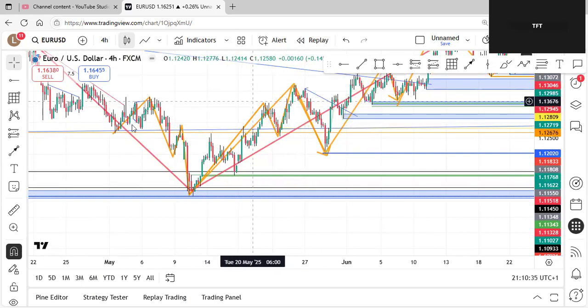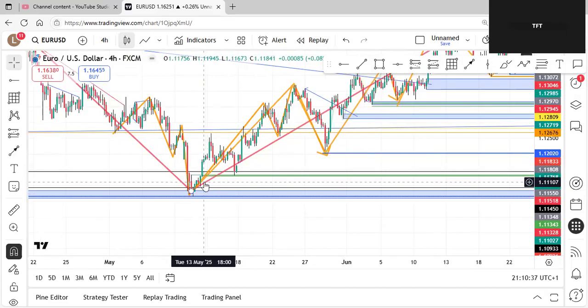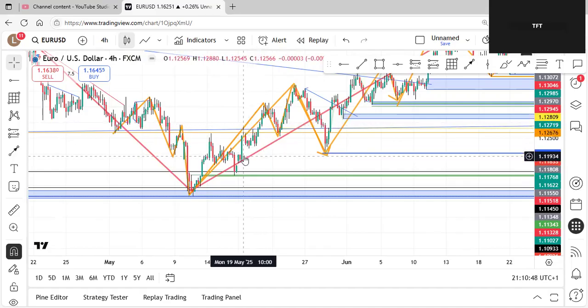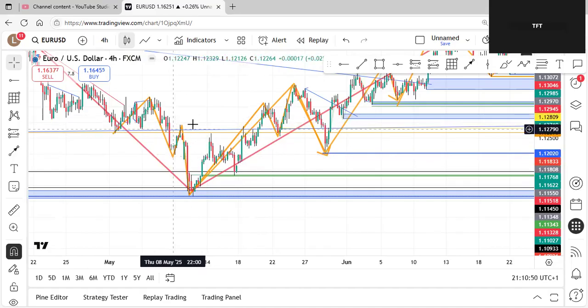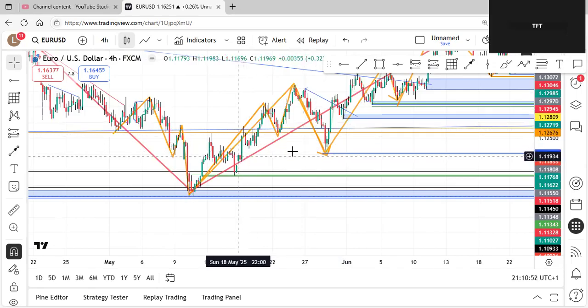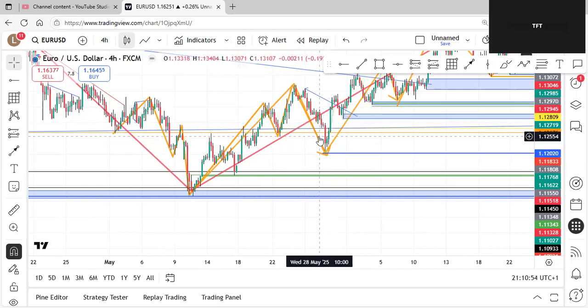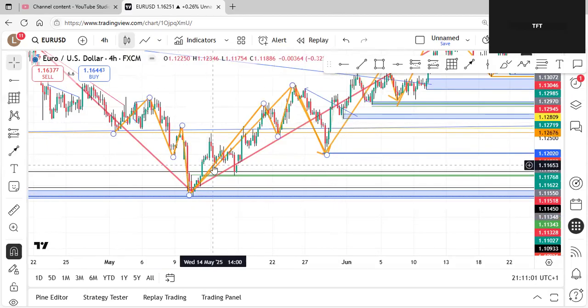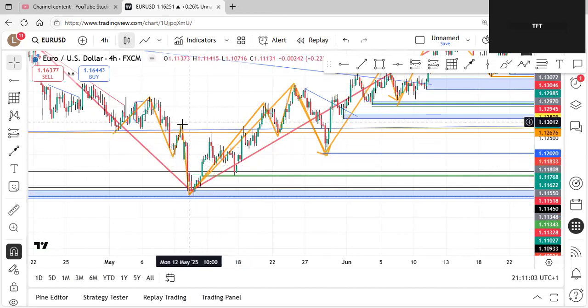We can work around the 15 sometimes, but once price takes this high here, we've just covered the first aggressive entry. Price comes back after it takes the high, comes back in here. We probably get a 1 minute break of structure in here somewhere, and then possibly mitigation in here. So that's the second possible entry once we've confirmed 15 has turned bullish.